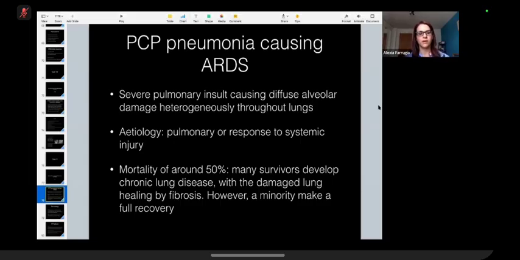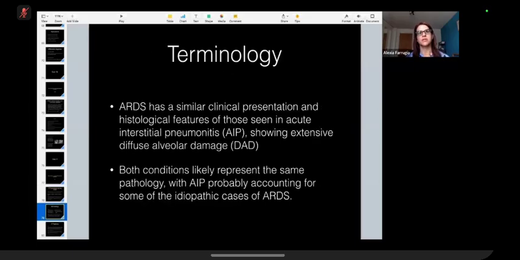So ARDS has a similar clinical presentation and histological features to what we see in acute interstitial pneumonitis, which is basically diffuse alveolar damage histologically. Both conditions likely represent the same pathology, with acute interstitial pneumonitis probably accounting for some of the idiopathic causes of ARDS.